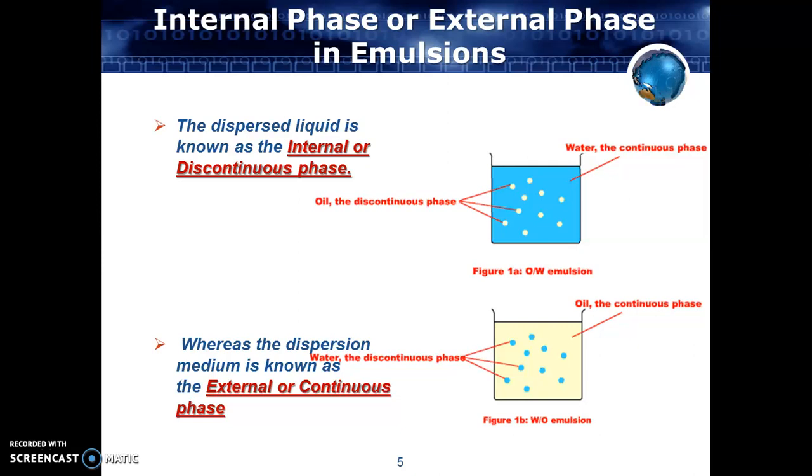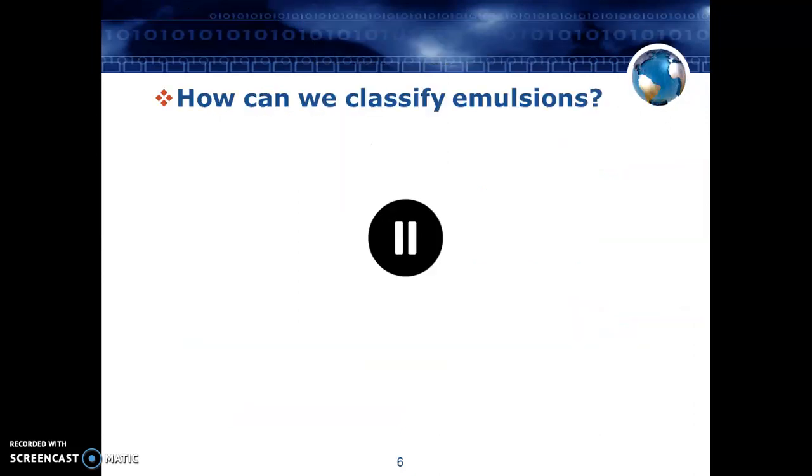So, this is an example of an OW type of emulsion. In figure 1b, the dispersion medium is known as the external or continuous phase, where the water is the discontinuous phase present in the oil, which is the continuous phase.